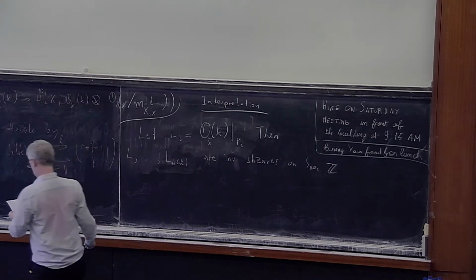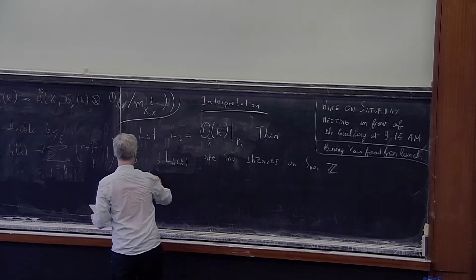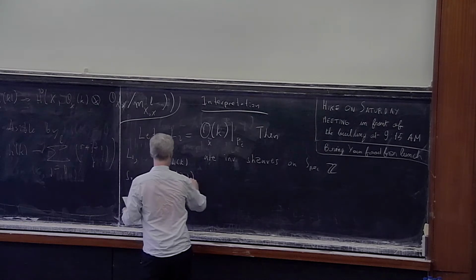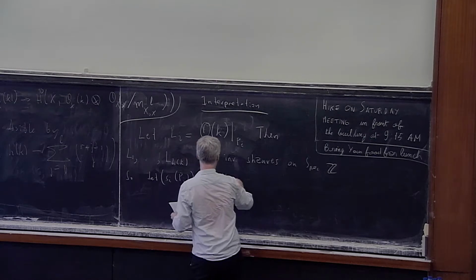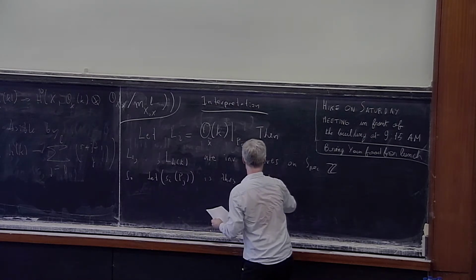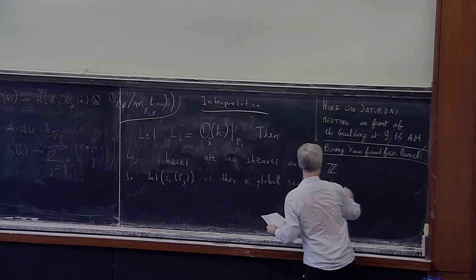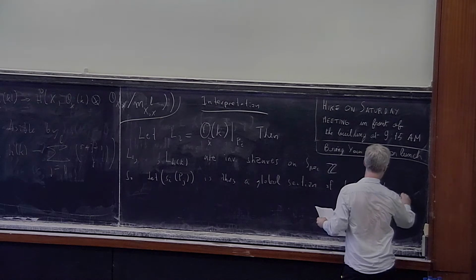And then you have that this determinant of s_i of P_j is thus a global section of this tensor product here, up to L_h(k).